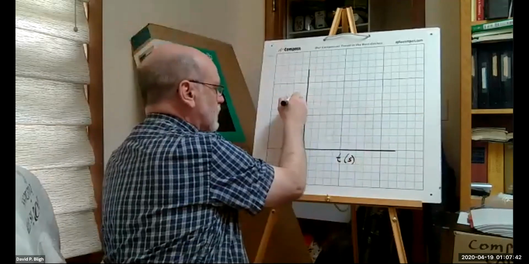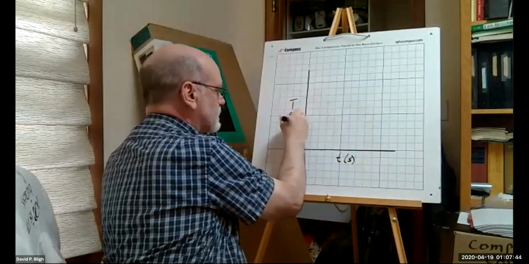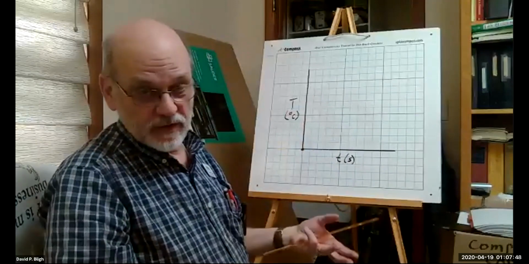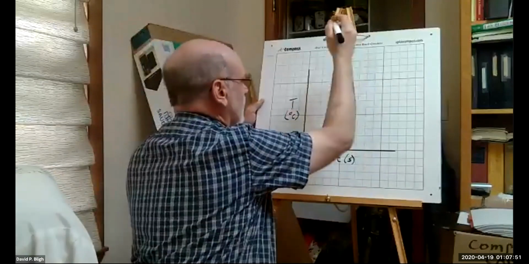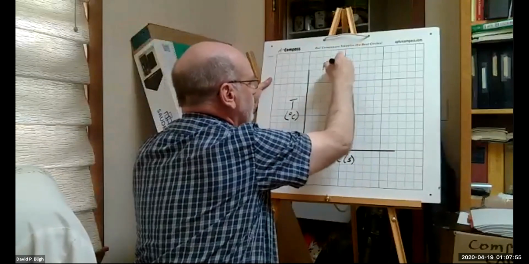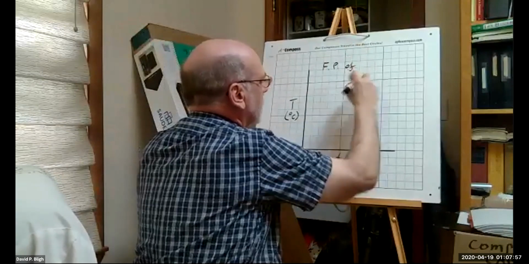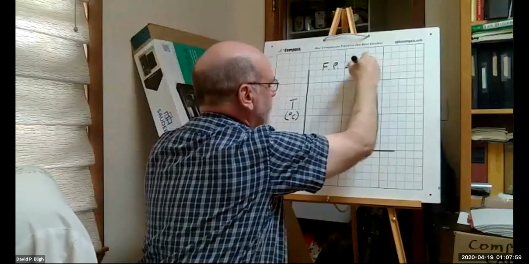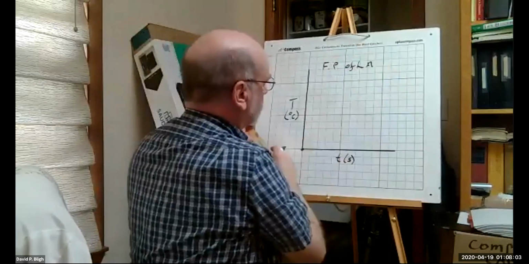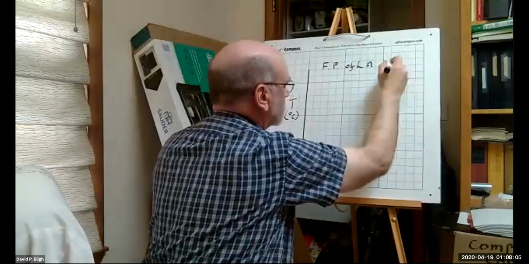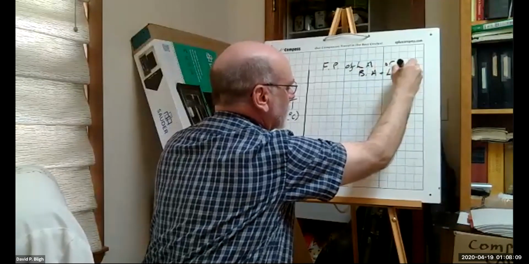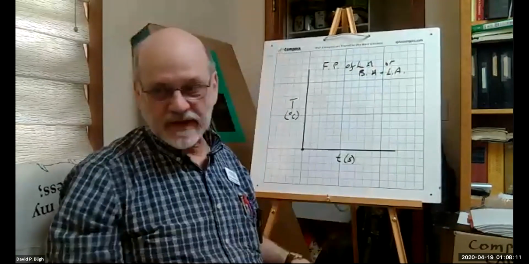And temperature is going to be on the y-axis, degrees C. Right? And then you need a title for your graph. Say freezing point of lauric acid, and you'll have to write that out, of lauric acid or benzoic acid plus lauric acid. Because we're going to graph both of them on the same.